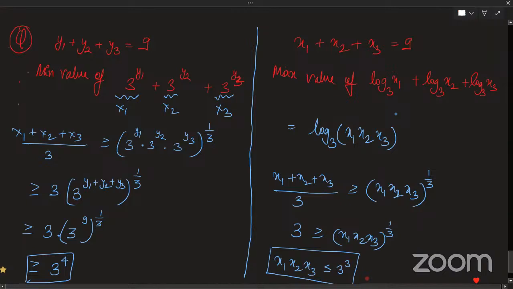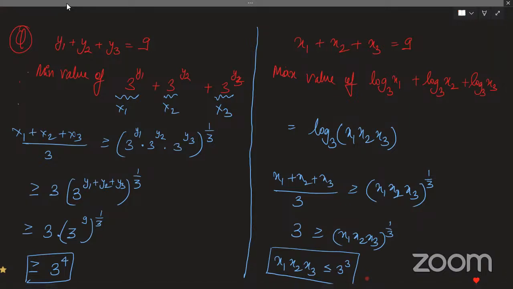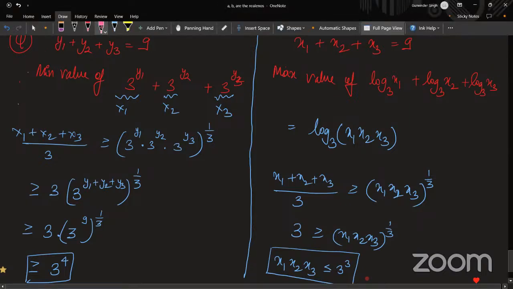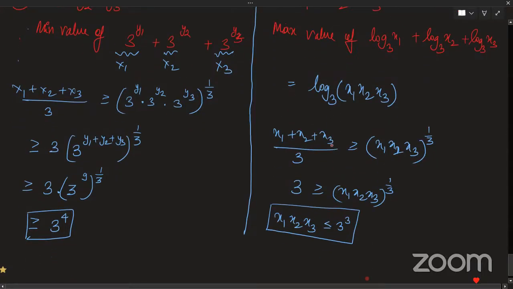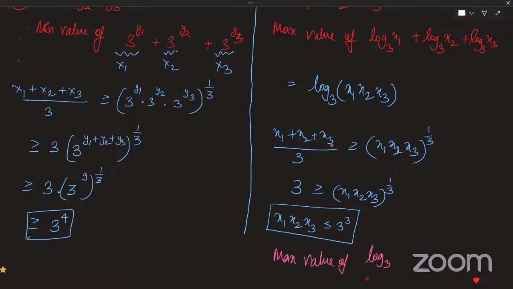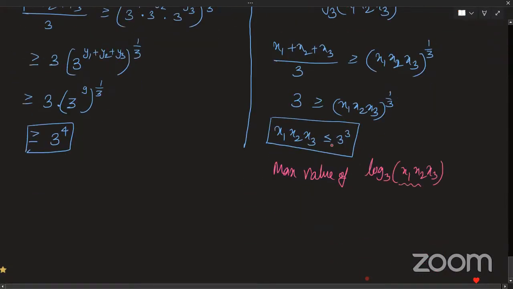Now can you tell me what will be my maximum value of log base 3 x1, x2, x3? It will be when x1 multiplied by x2 multiplied by x3 is greatest.